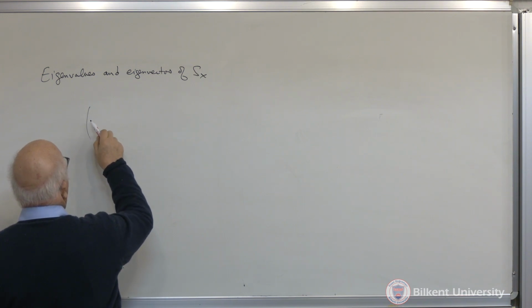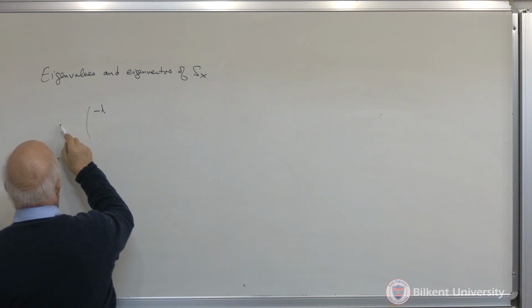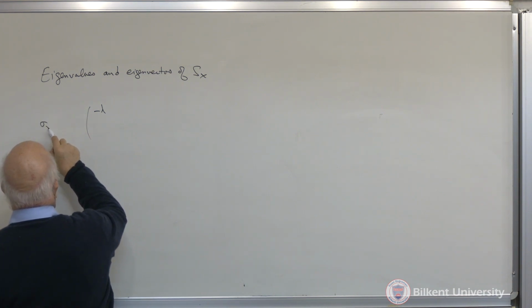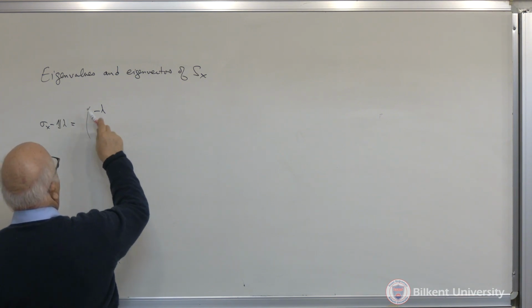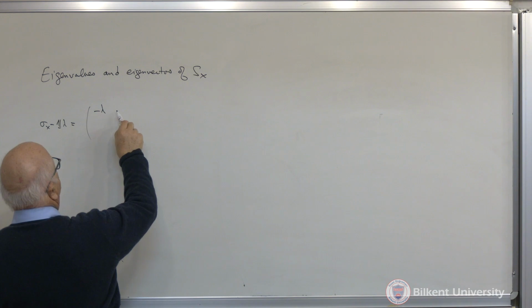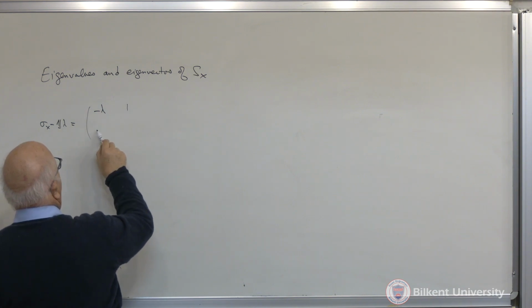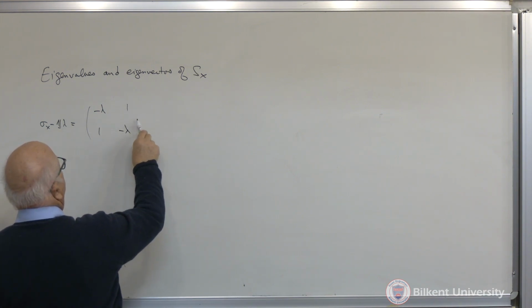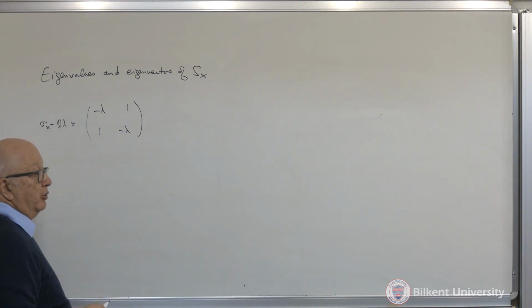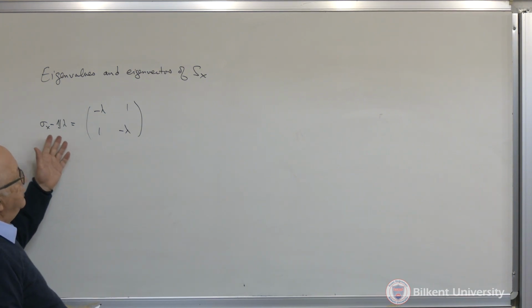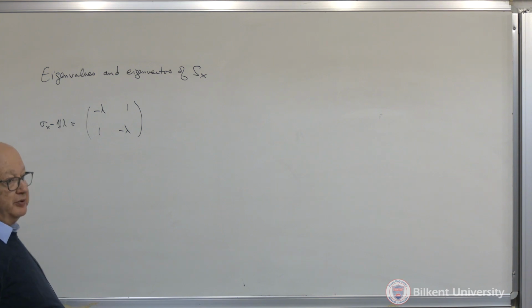Okay, so let's see. First of all, it's really quite clear that I have this sigma x minus I times lambda, which is going to be equal to the matrix with 1 and minus 1 lambda. Okay, so I'll work with the sigma matrices. The S matrices will just have h bar over 2 multiplied with them.